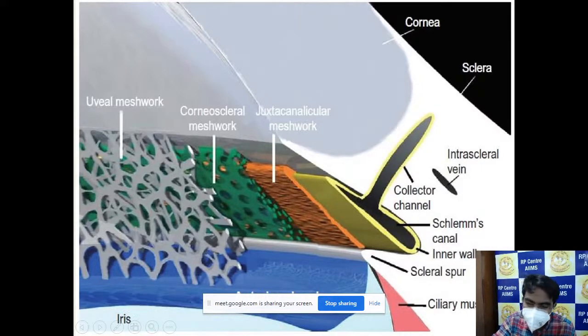From there, the aqueous is collected into collector channels. Through the collector channels, intrascleral veins or the mid-scleral venous plexus collect the aqueous and connect to the episcleral veins. And this is the scleral spur, which I have already told has surgical significance: in trabeculotomy we make a nick here.